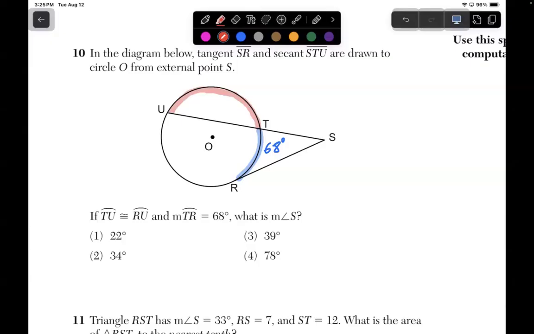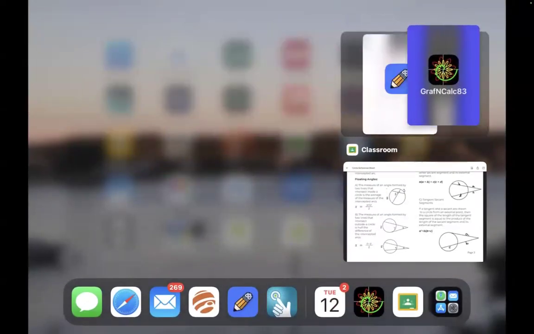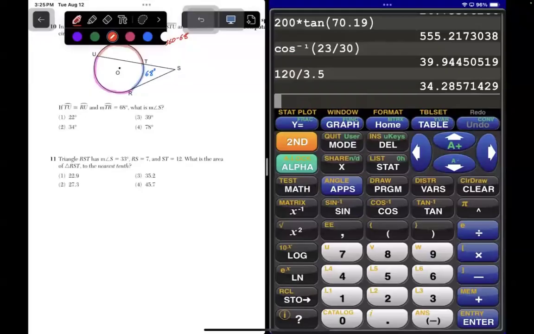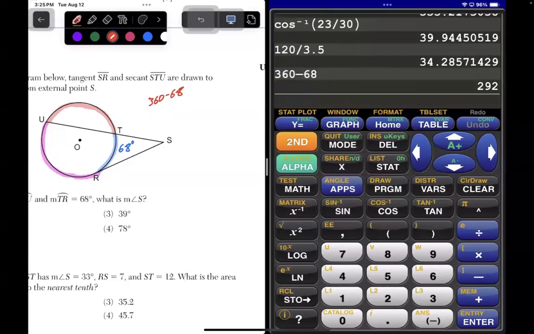So the remaining bit, this piece here and this piece here, the arcs of a circle have to add up to 360. Those two are equal to each other. So what is 360 minus 68? I can't do that in my head. That's 292.